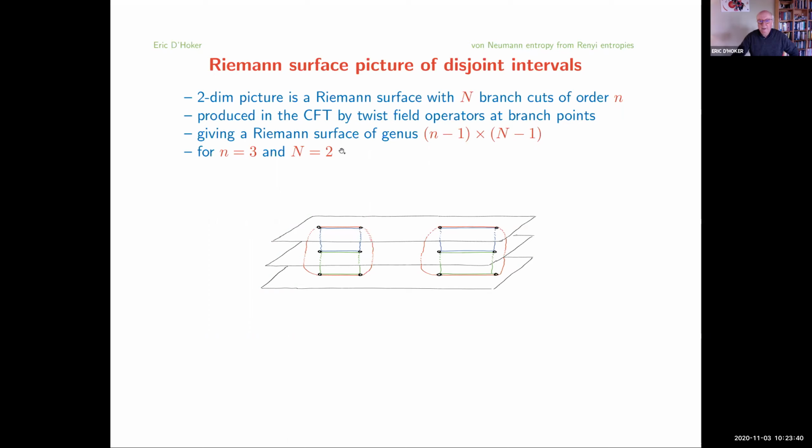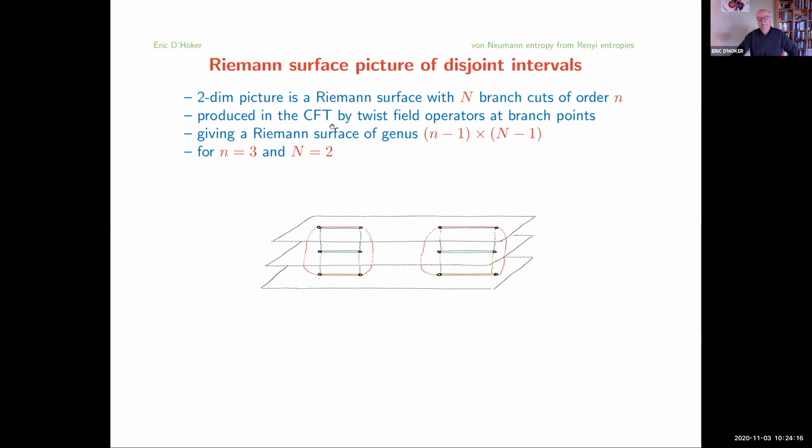In a conformal field theory, you can then identify the branch cuts across different sheets and build up a higher genus Riemann surface from this. In this case, this is a third order branch cut. You can produce it by inserting a twist operator of order n. So that's the two-dimensional picture of this.